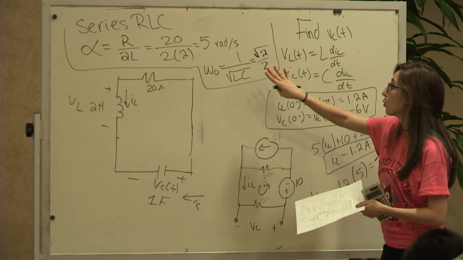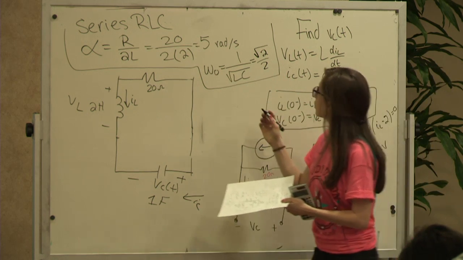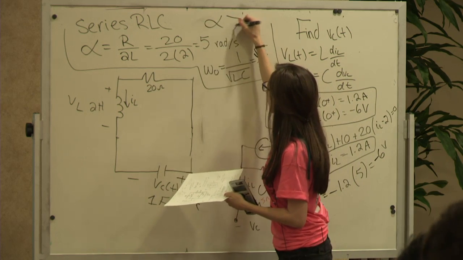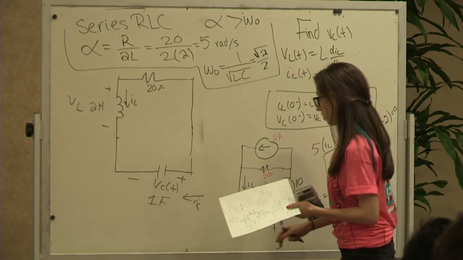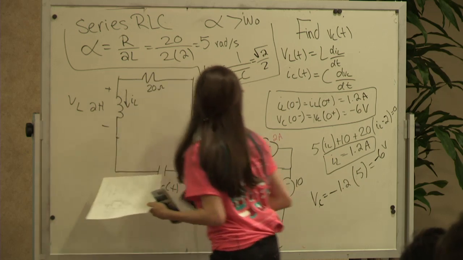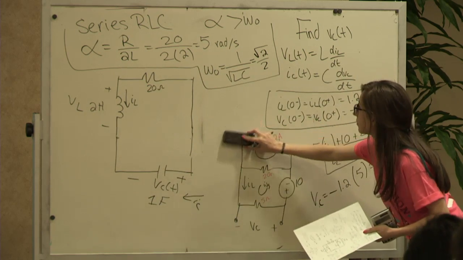And yeah, so alpha is bigger, right? So alpha is greater than W naught, and that is overdamped.